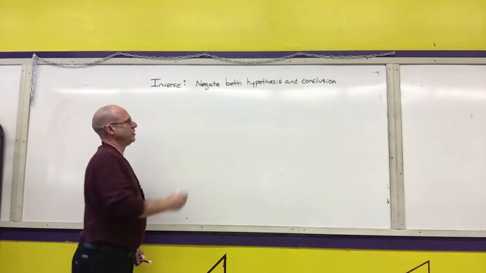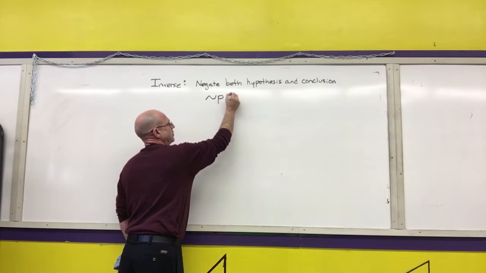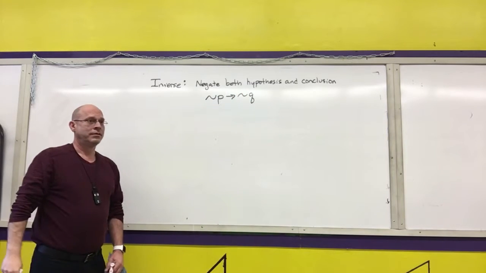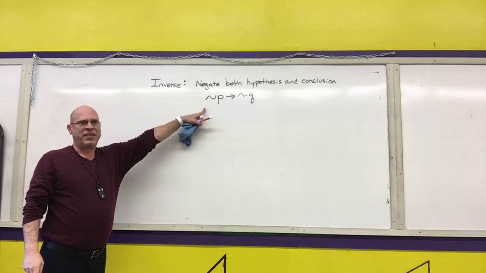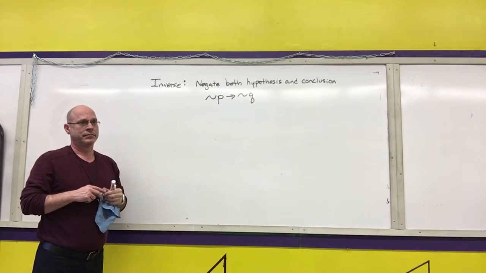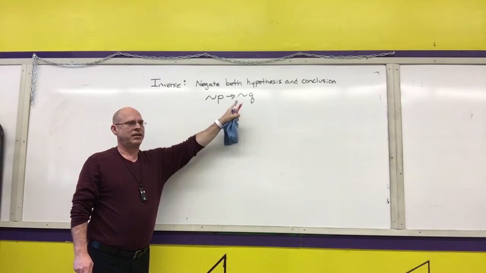In mathematical symbols, I negate the hypothesis and I negate the conclusion. The reason why I write it in mathematical symbols is that it's a lot shorter and a lot easier to remember. This says not P implies not Q.